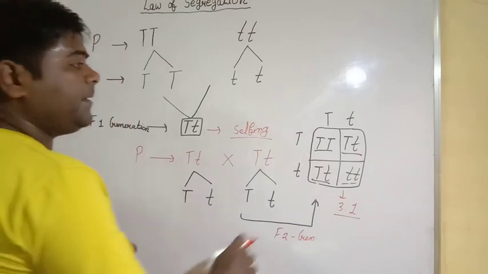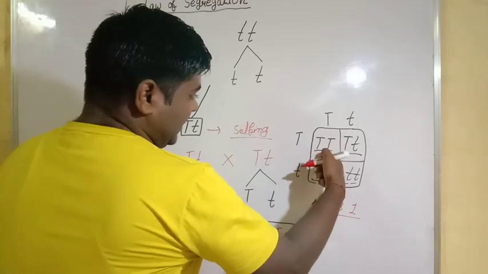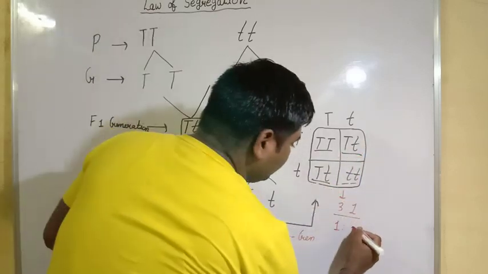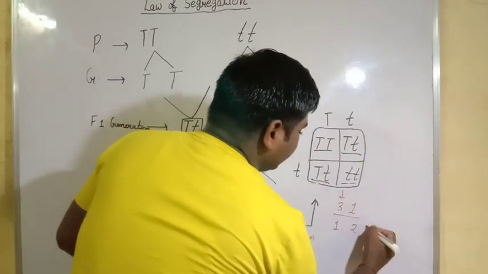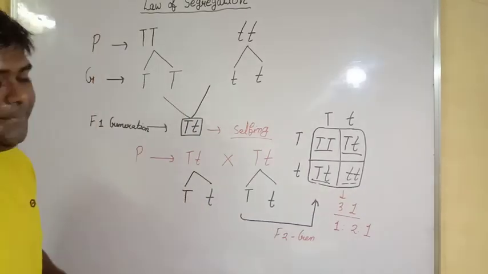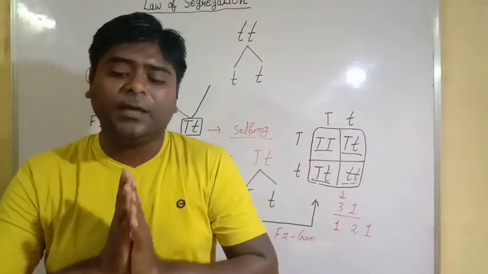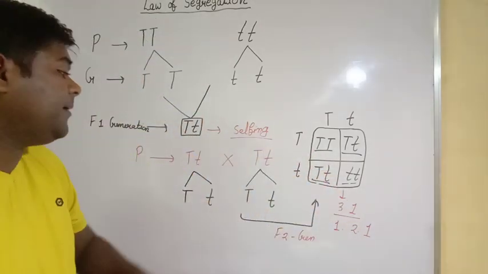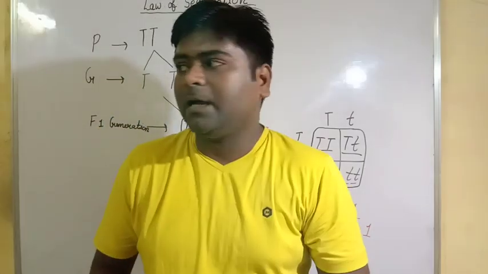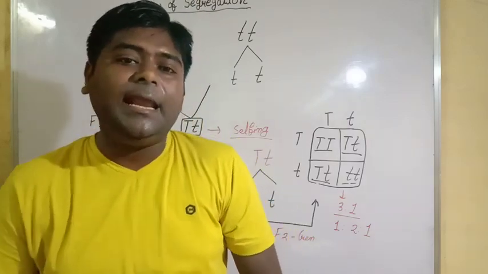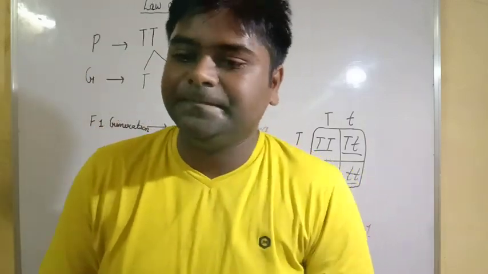When we have the genotypic ratio, this condition is only 1 here, this condition we have 2 heterozygous, and this condition is only 1. So that is the genotypic ratio. That is the result Mendel got after selfing in the F2 generation.